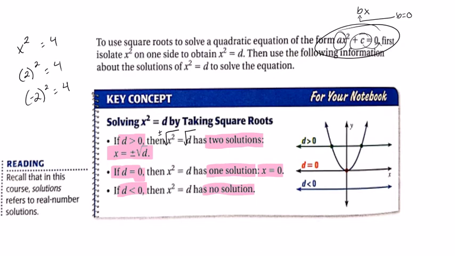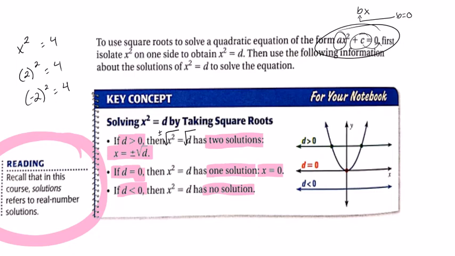So I'm going to point us over to the left side of your page. Recall that in this course, when I'm talking about solutions, when I'm talking about those x-intercepts, where the graph crosses the x-axis, we're going to be referring to real numbers. So you're actually going to see it.